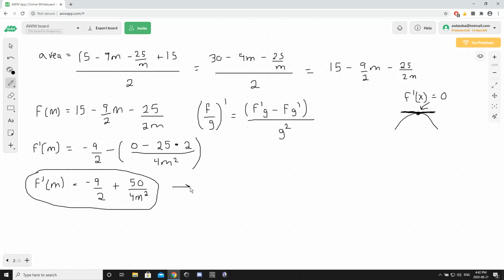So you're going to set this to 0 and then solve. Negative 9 over 2 plus 50 over 4m squared equals 0. Now obviously that means just 9 over 2 equals 50 over 4m squared.